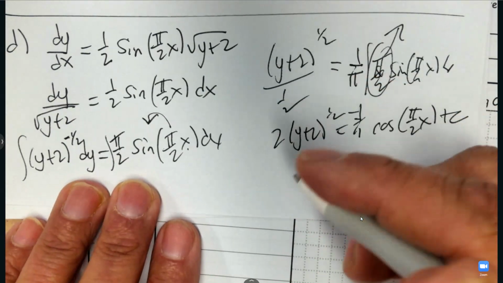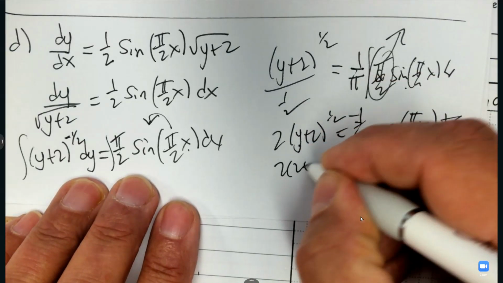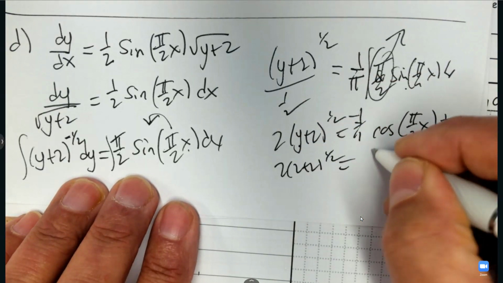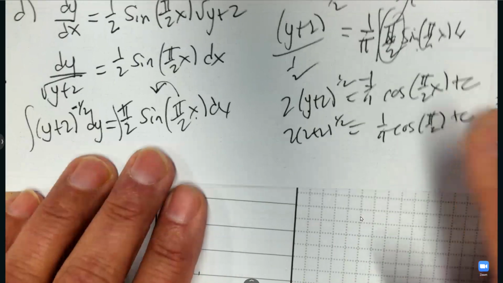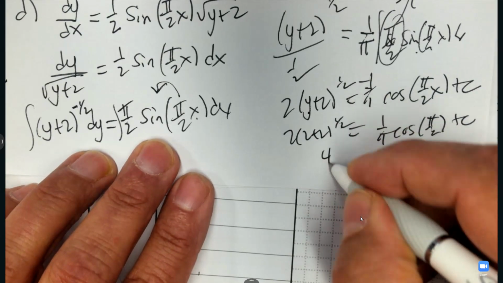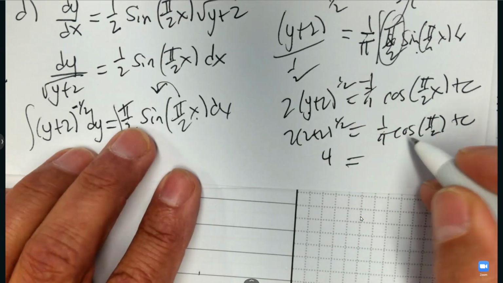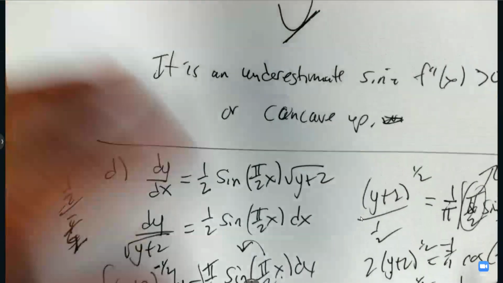We're going to plug in (1, 2). So if I plug in 2, and if I plug in 1, that's just pi over 2. And then solve it. This is the square root of 4, which is 2 times 2, which is 4. The cosine at pi over 2 is 0, so that's what c equals. It's just 4. And then I'm going to put it all together.